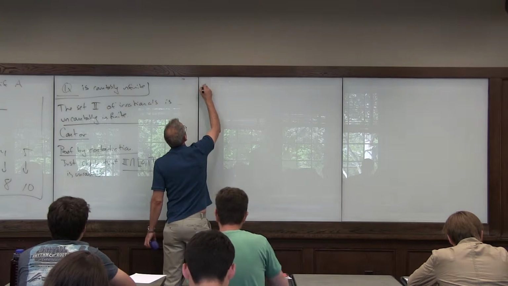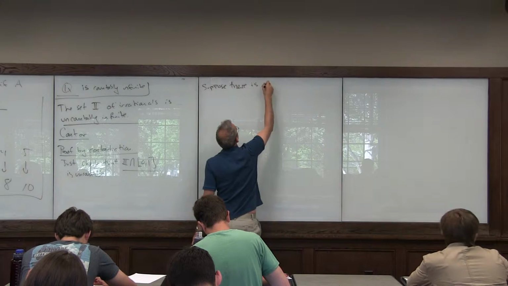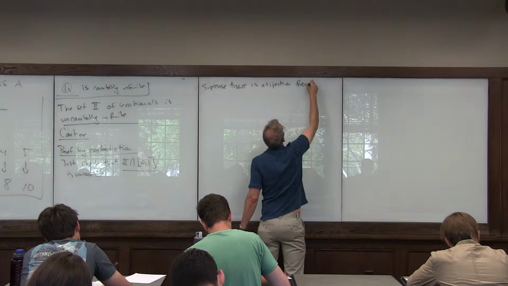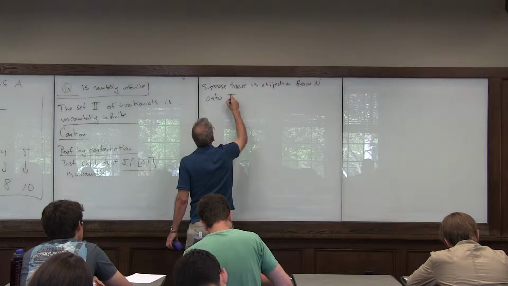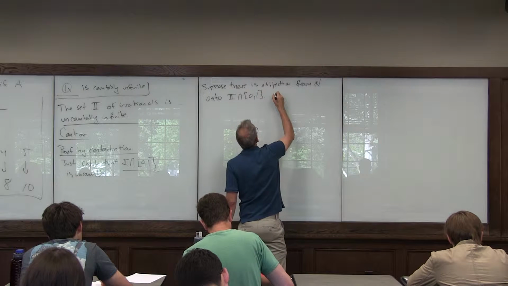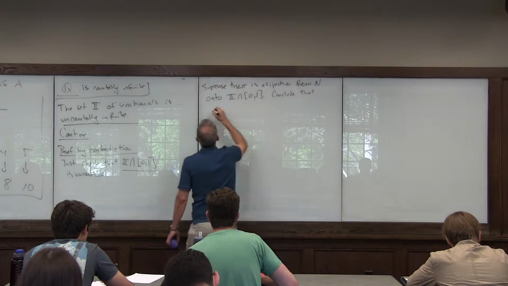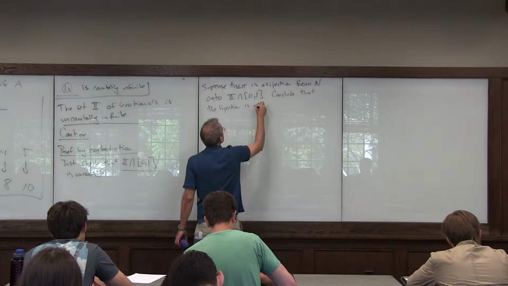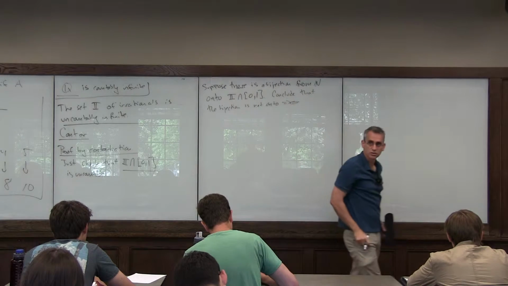By contradiction, we would suppose there is a bijection from N onto the irrationals intersect (0, 1), and we're going to conclude that the bijection is not onto, which is the contradiction. Okay, so that's the strategy.